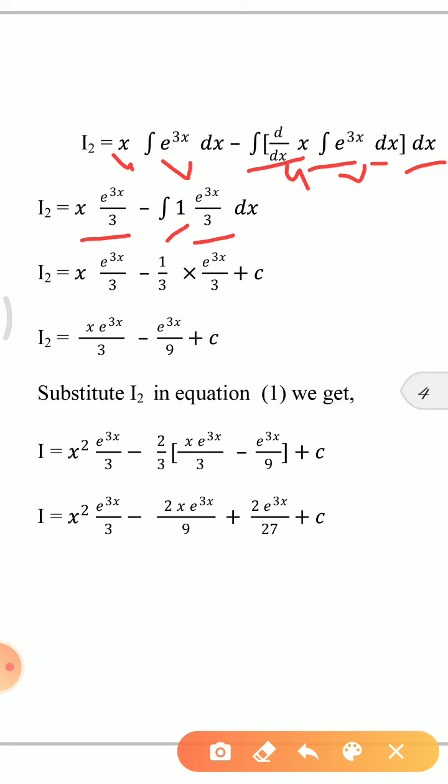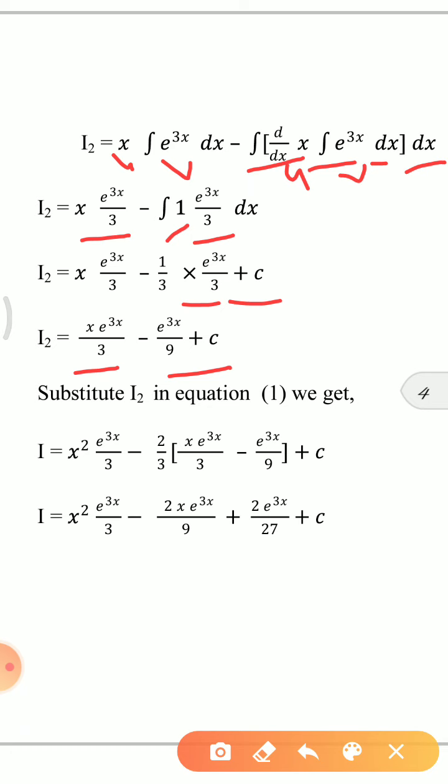That is equal to x into e raised to 3x upon 3 as it is, minus this 1 by 3 is a constant outside the integral, or directly we find the integration of e raised to 3x, that is e raised to 3x upon 3 plus c. That means I2 is equal to x into e raised to 3x upon 3 minus e raised to 3x, in denominator 3 into 3 is 9, that is e raised to 3x upon 9 plus c.